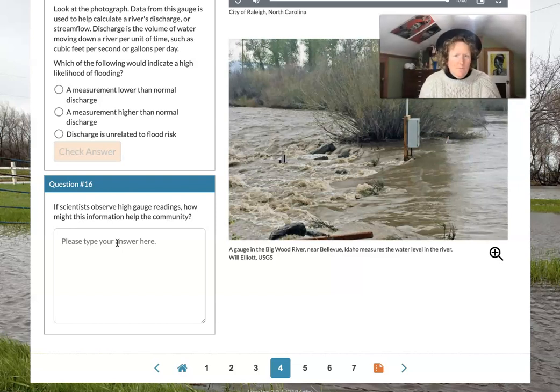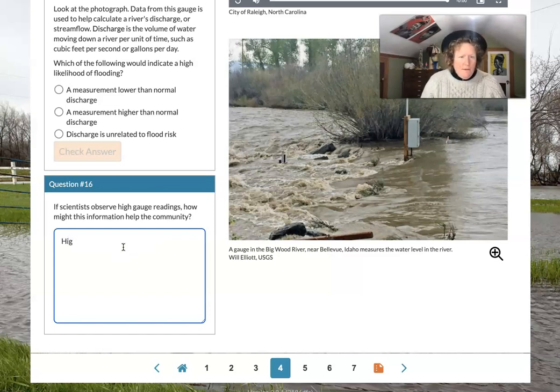And that can help scientists figure out the likelihood or probability that things will flood. High gauge readings help people know that only a little rain is required to cause a flood.